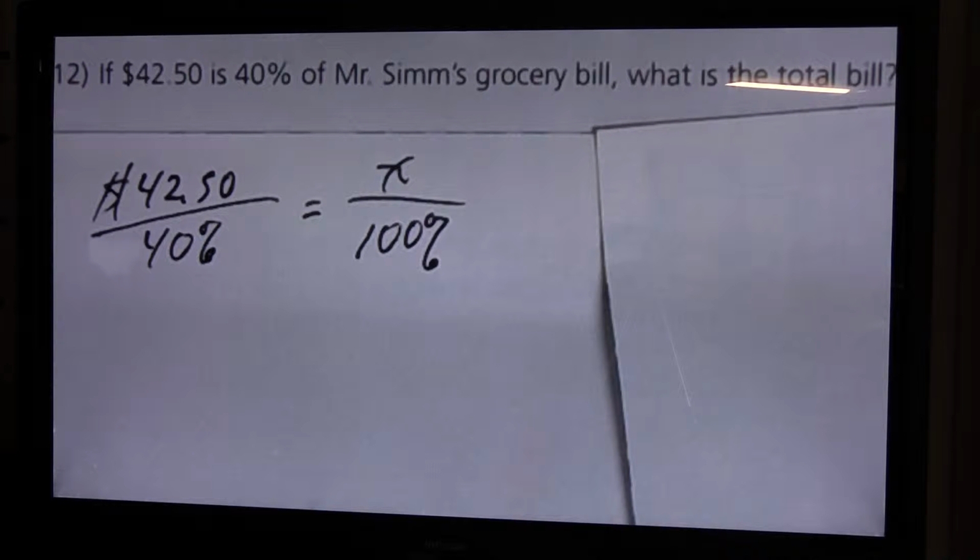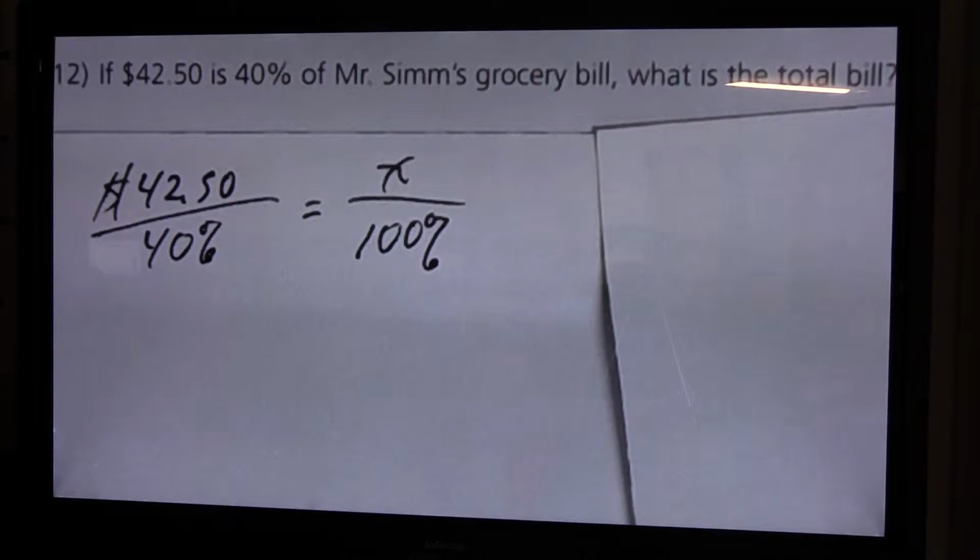What you have to do is figure out, what do you multiply 40 by to get 100? And if you want to know that, you're going to have to divide 100 by 40.